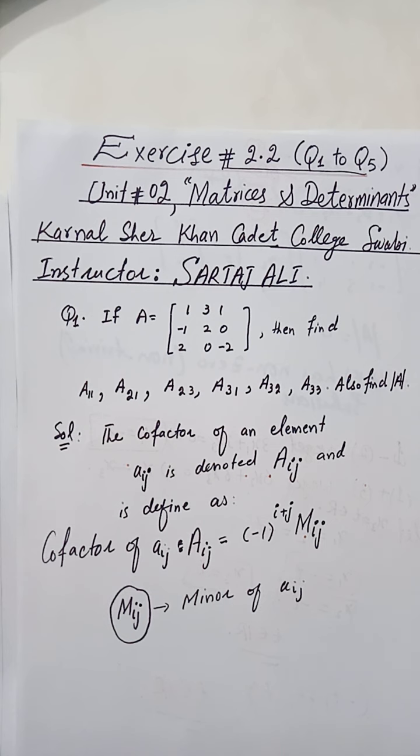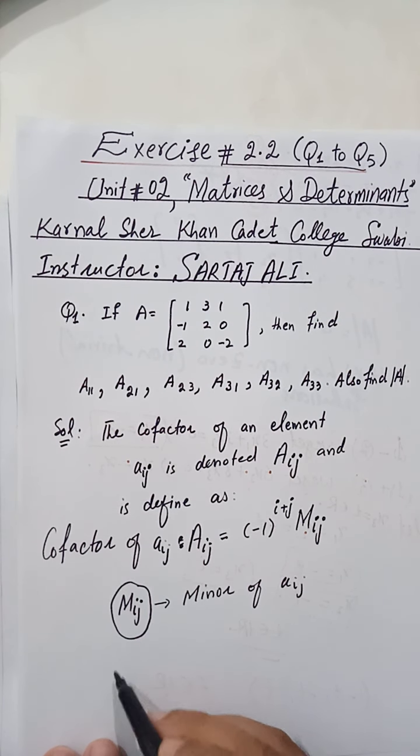So actually from the definition of the cofactor, you see that cofactor will be equal to the minor if the sum of the subscripts is even, and when the sum of the subscripts is odd, then the cofactor will be equal to minus 1 times minor.